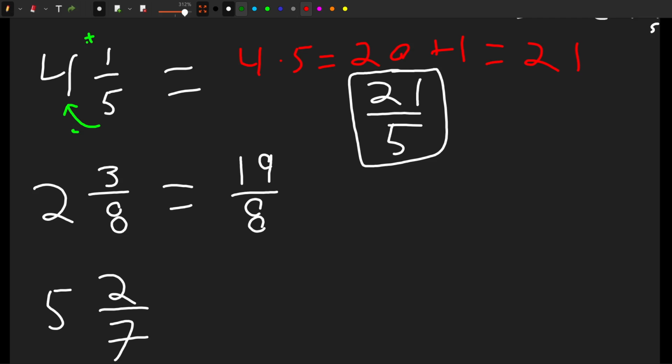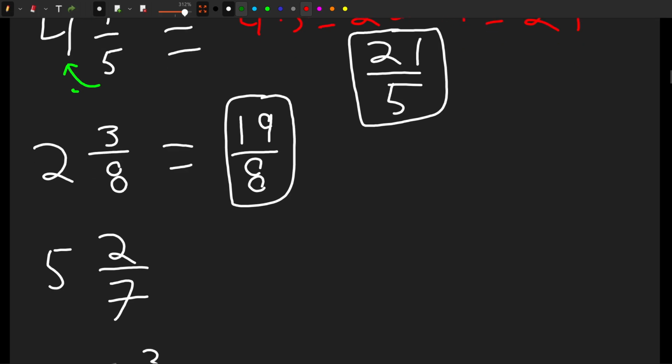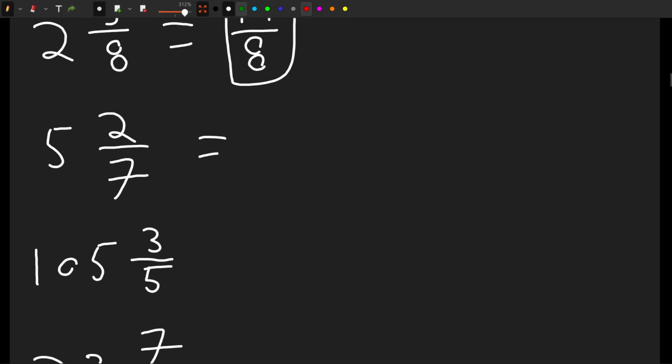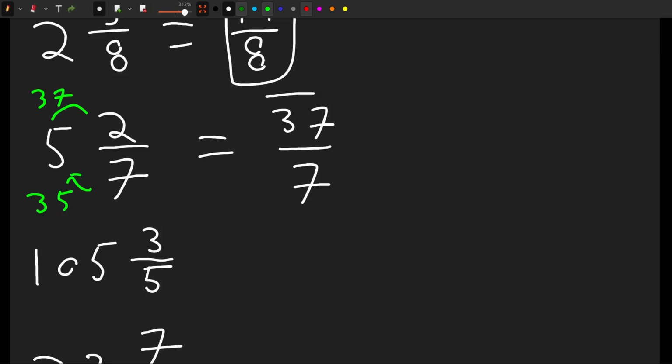Okay. 5 2/7, our third problem. 5 times 7, what is that? That's 35. Plus the 2, we get 37. And so we get 37 over 7. And that's the fraction that we get.